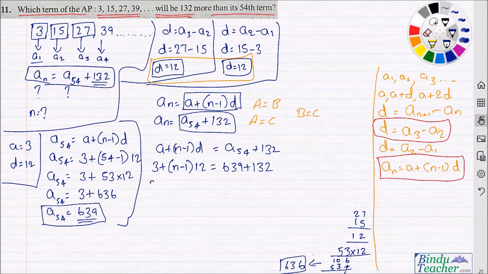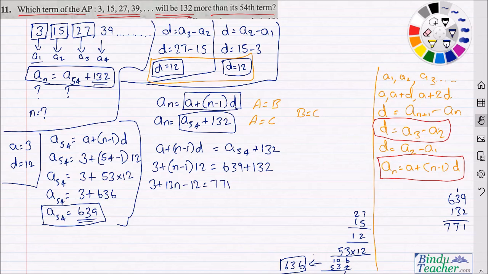Now let's simplify this. 3 plus 12n minus 12 equals, so I'll write 639 plus 132, we get 771. Okay, I missed one important step here. So it's actually 3 plus 12n minus 12. Sorry for that.